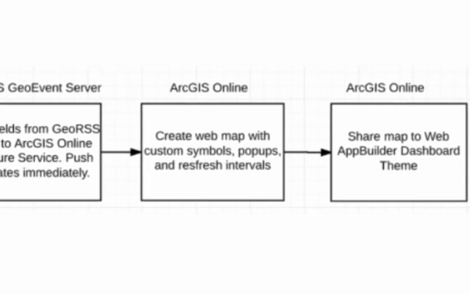So once we have our map set up in ArcGIS Online, we can share that to an application called Web App Builder, and we chose to use the dashboard theme just for simplistic purposes so we could quickly visualize and summarize the data.